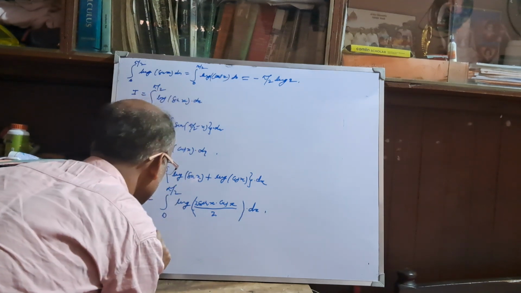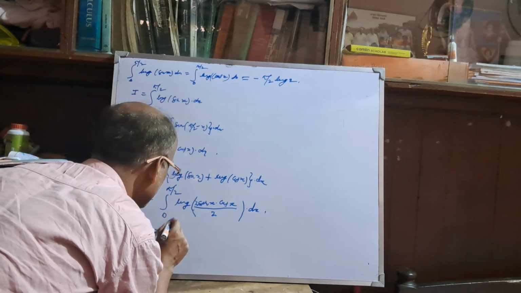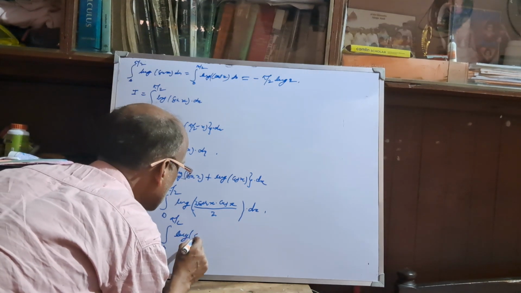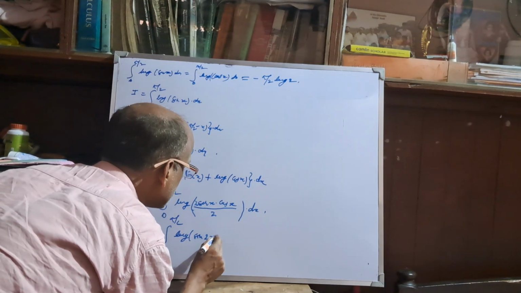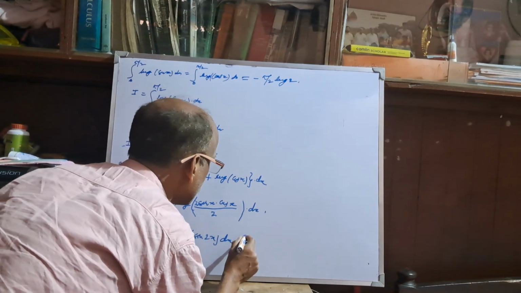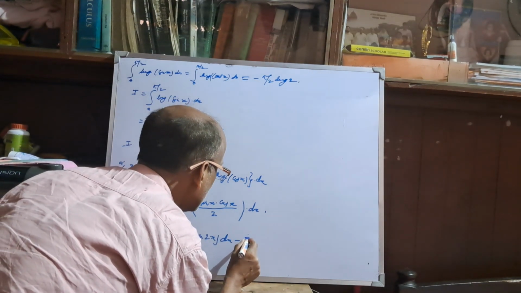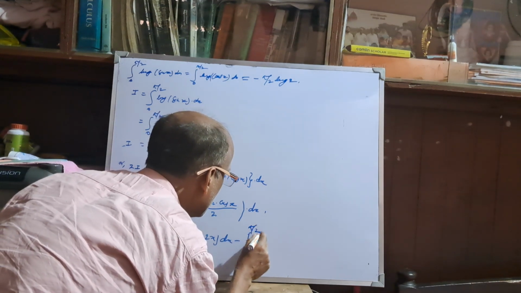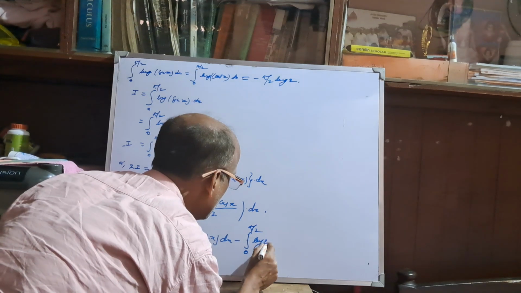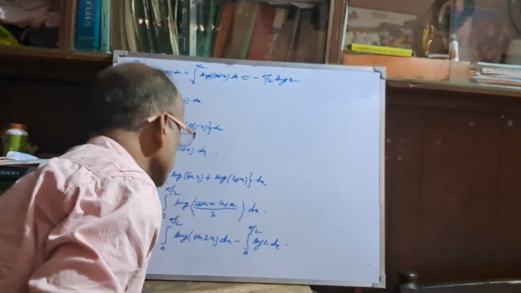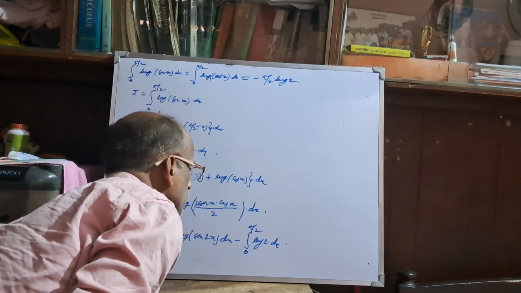So that is equal to integral from 0 to pi by 2 of log sin 2x dx minus log 2, that is, log a minus log b. I can write here integral from 0 to pi by 2 of log 2 dx. Okay, is that clear?